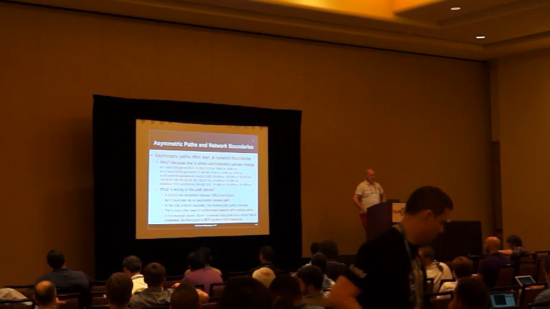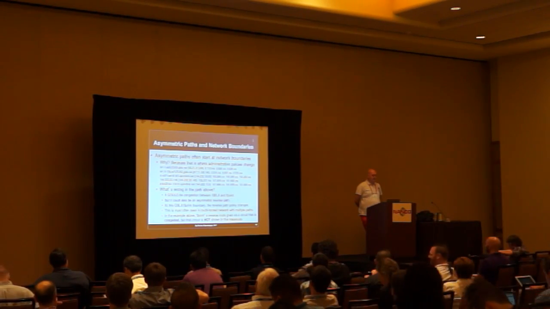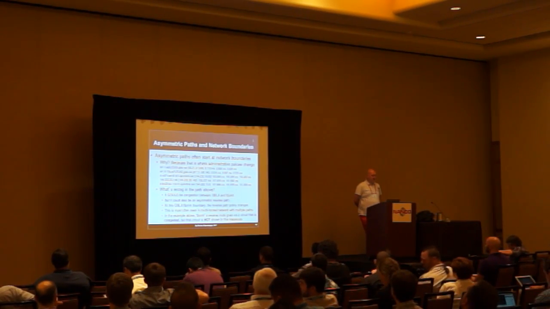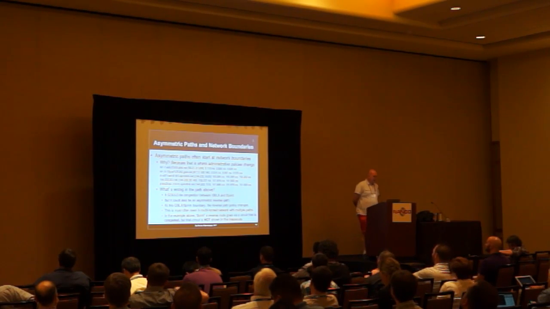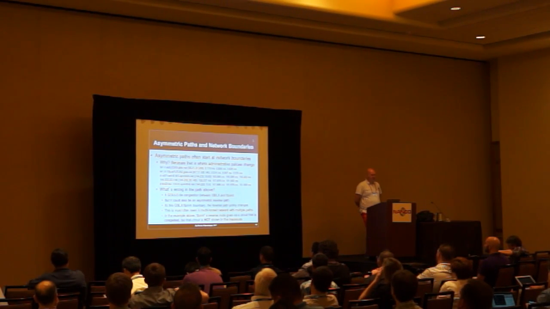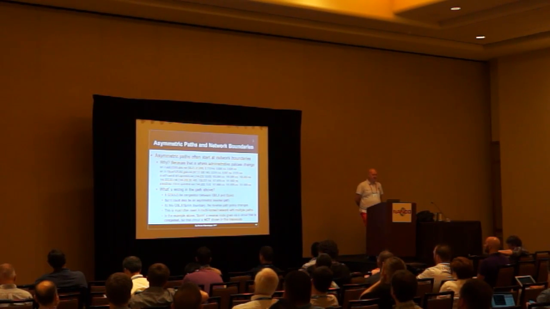So asymmetric paths tend to start at network boundaries. That was why I said that it was so important to identify the network boundaries earlier, because that's where the administrative policies change. So look at this example, and you see that Global Crossing to Sprint, you see a network boundary, and you see Ashburn on one side and Ashburn on the other side, and the latency has gone up 100 milliseconds. So that could be two things. It could be that the Global Crossing side is congested to Sprint, but you don't know that for sure.